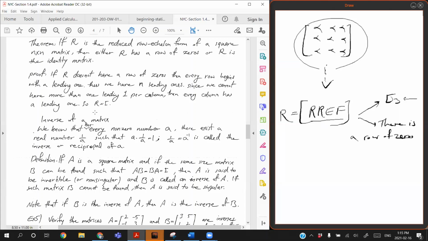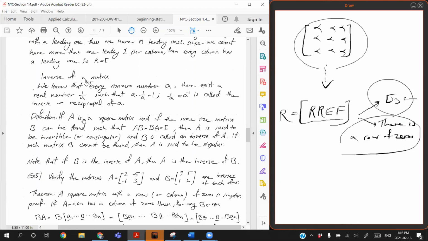If every column has a leading 1, then automatically everything other than that leading 1 in that column must be 0, and that makes R the identity matrix. And if you have a row of zeros, then there is no argument. Then you have a row of zeros. So only two things can happen. You either have a row of zeros, but if you don't have a row of zeros, it's the identity. Make sense?